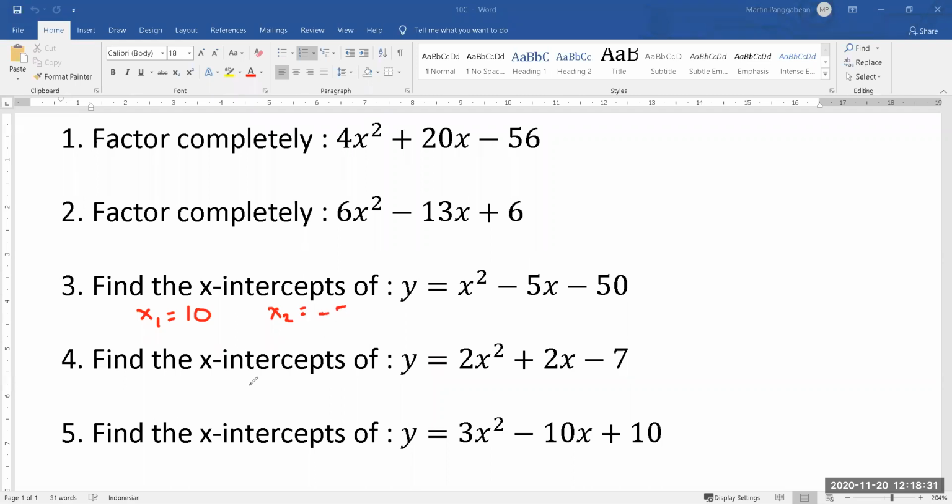There are no x-intercepts because they're imaginary. Okay, have you calculated the D, the discriminant? I tried with the quadratic formula, and the D is -5.